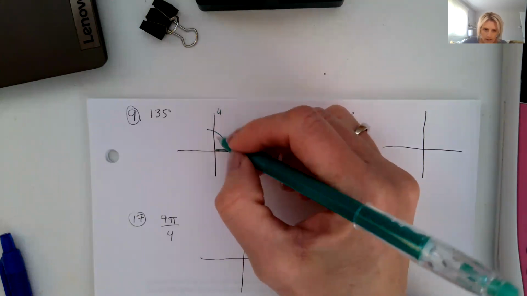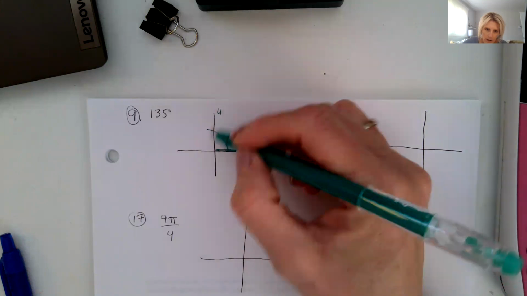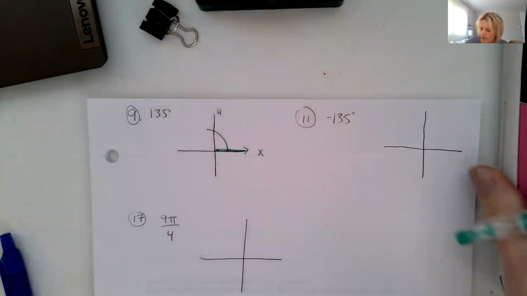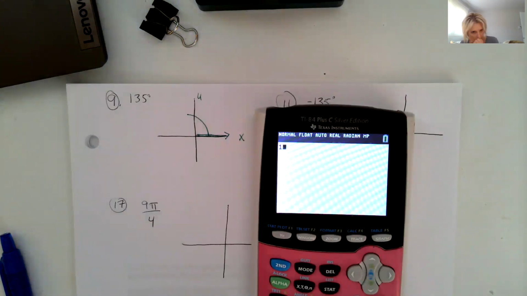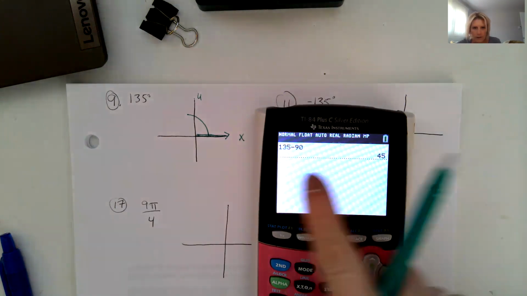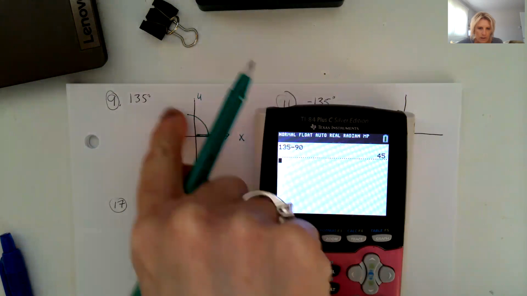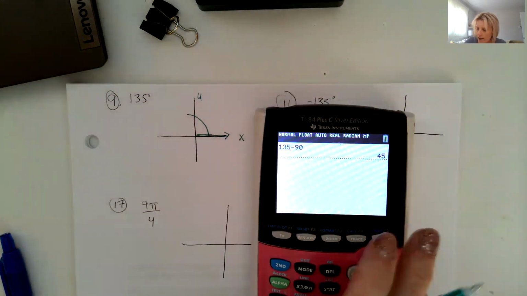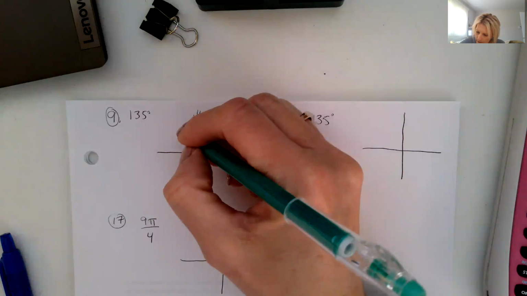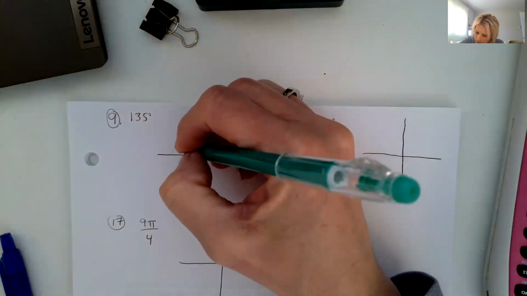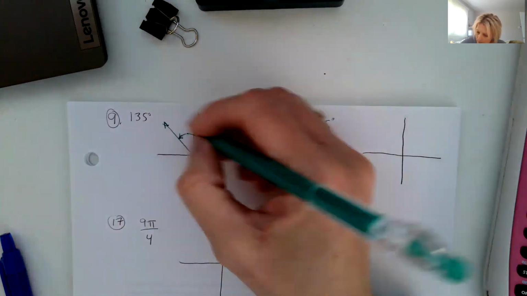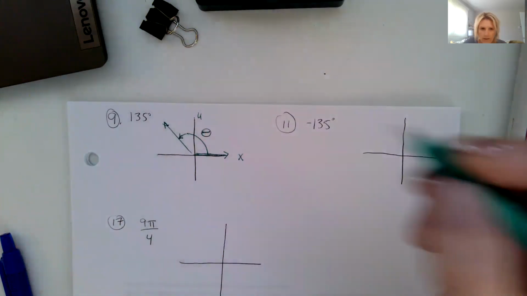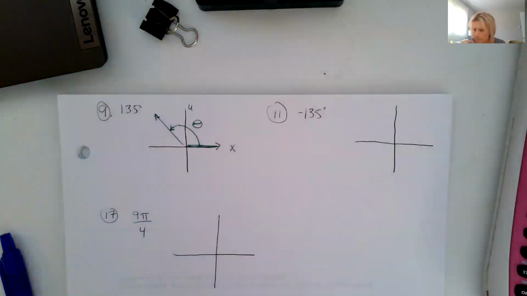And then we want to go into this second quadrant because that's where 135 is. You can get a feel for what that would be if you take 135 and subtract 90. That means 45 degrees is how far it goes into the second quadrant. 45 is halfway into the second quadrant. So we would want to come out like this. So this angle is 135 degrees.